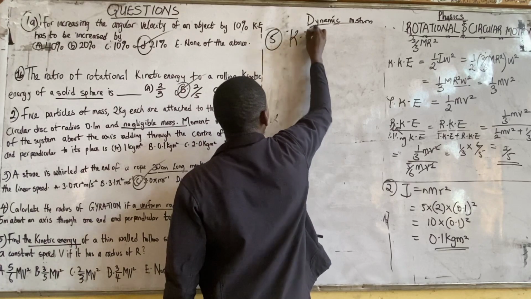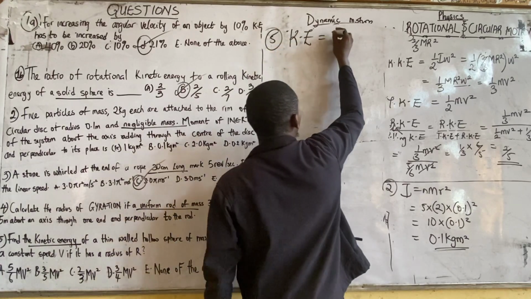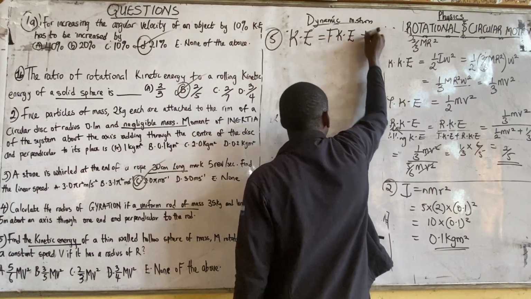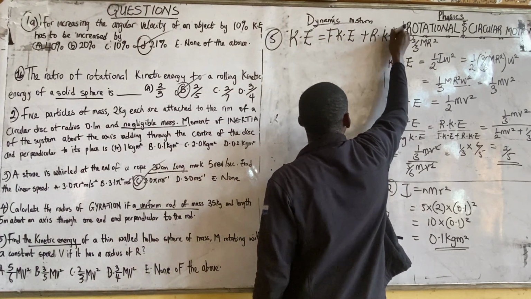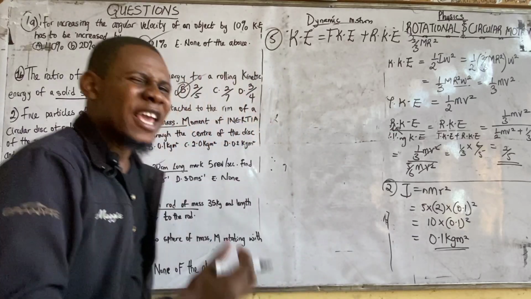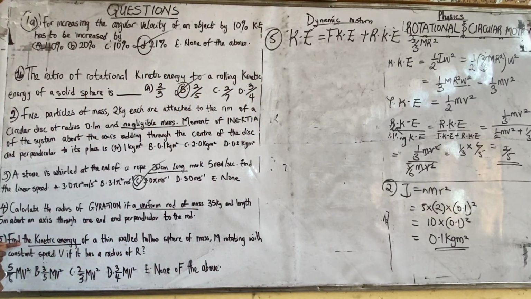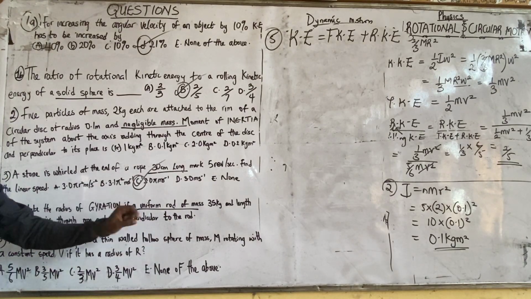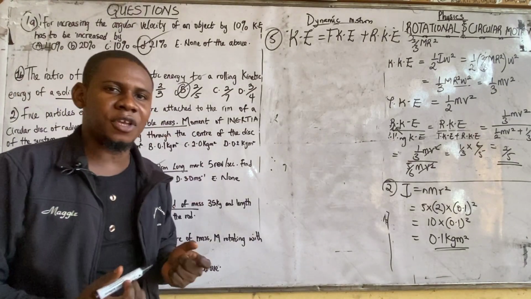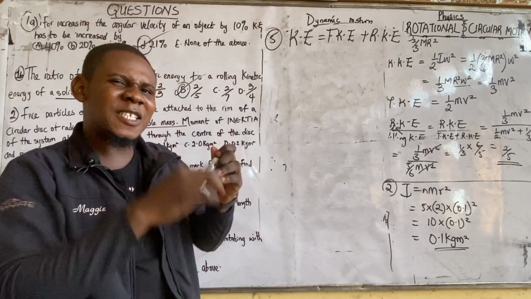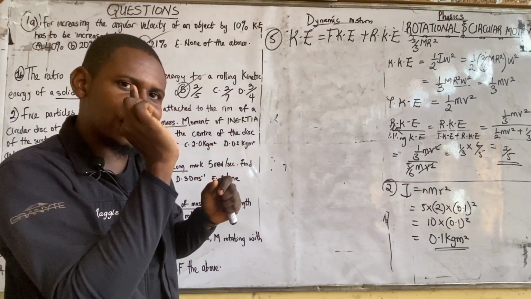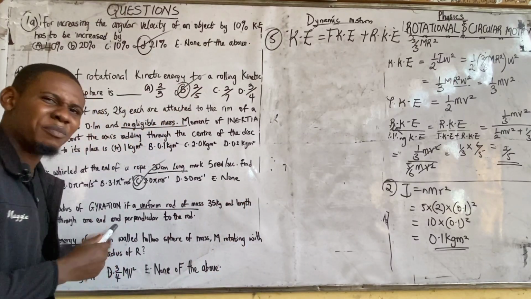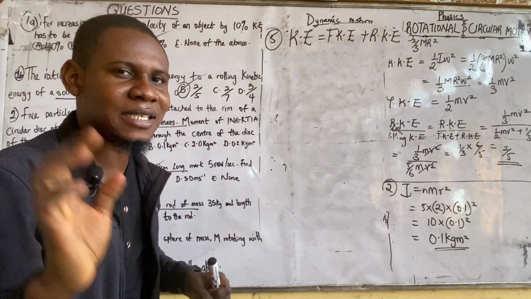So in that case, the kinetic energy here is equal to the translatory kinetic energy plus the rotational kinetic energy. But also note, if you are asked to determine the kinetic energy of a body about its axis of rotation, if it is spinning and fixed at a particular point, the only kinetic energy present will be the rotational kinetic energy.